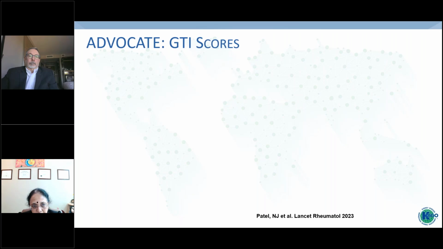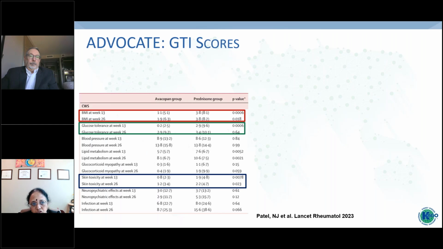So I want to share some data on what we call the glucocorticoid toxicity index. It's an instrument which quantifies glucocorticoid toxicity, and it has 2 different components. CWS stands for the cumulative worsening score, which is a total glucocorticoid toxicity, whether it is permanent or damage or transient.